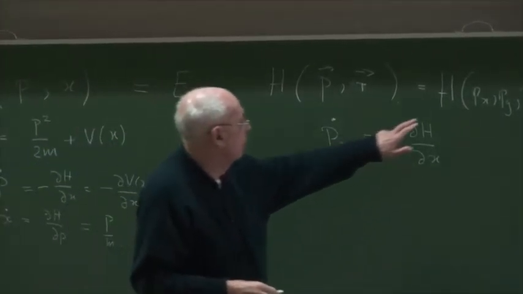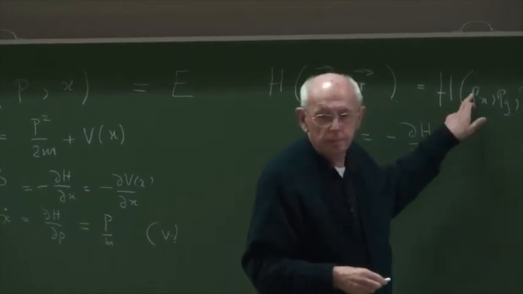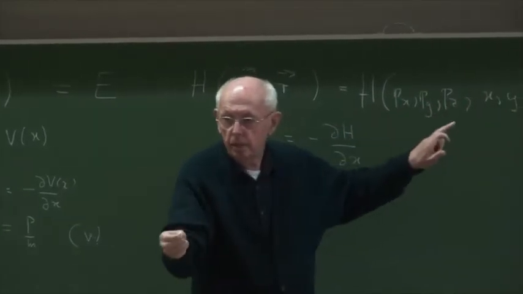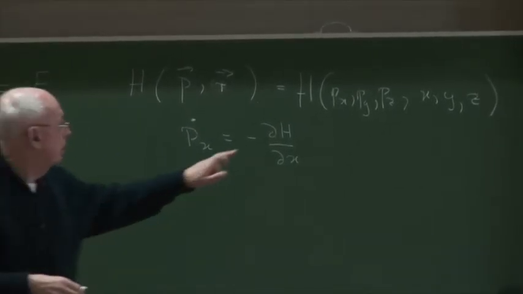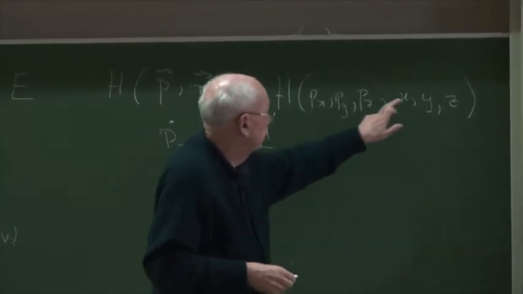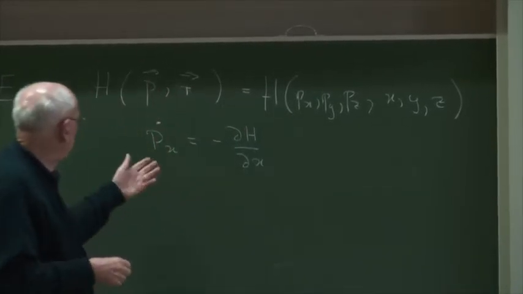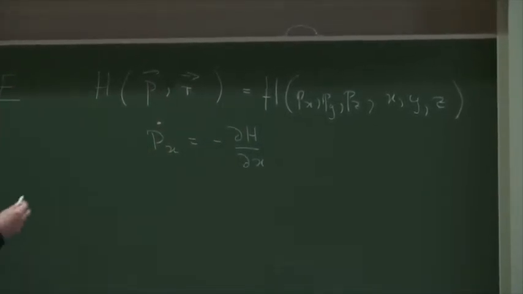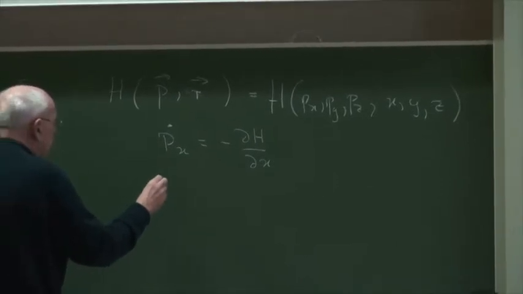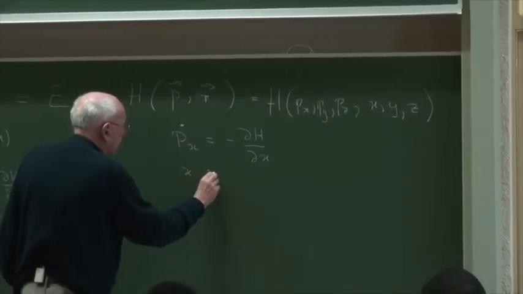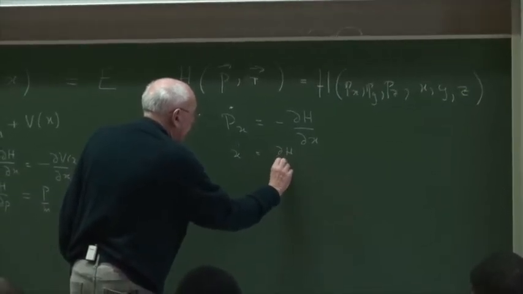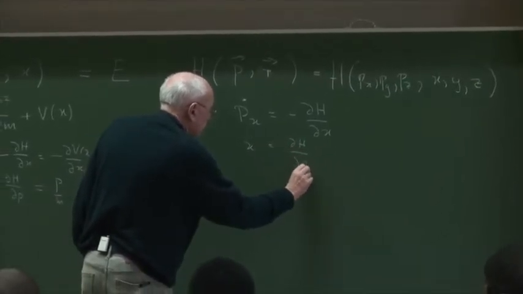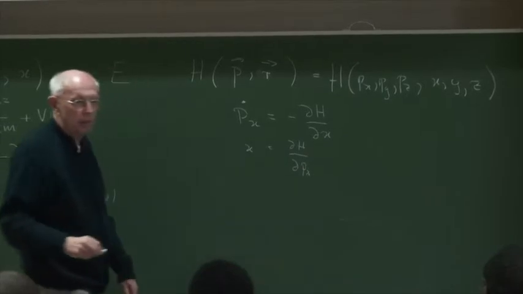So these are associated: the x and the px, the position and the momentum, and this is associated to that and this to that. And in this way I can also then do x dot by the same way, by doing dh dpx.